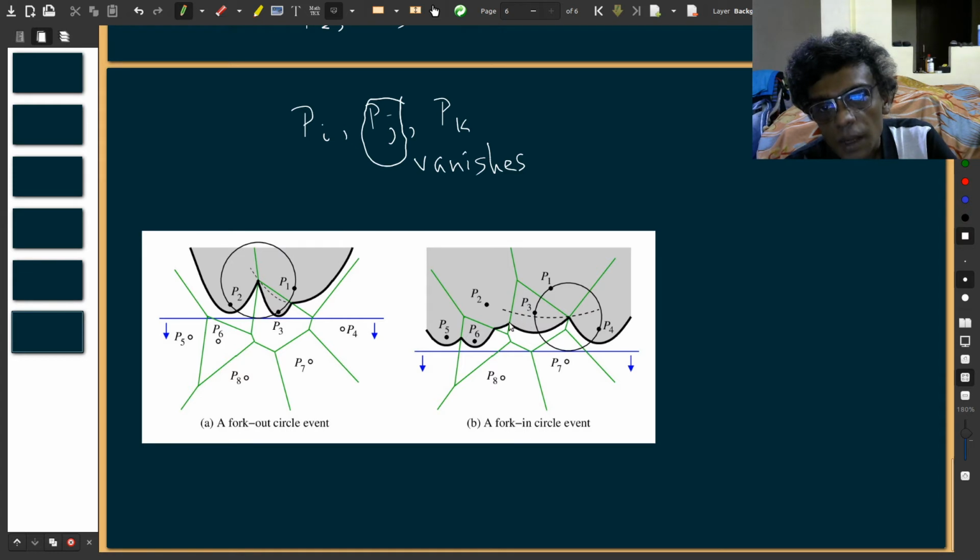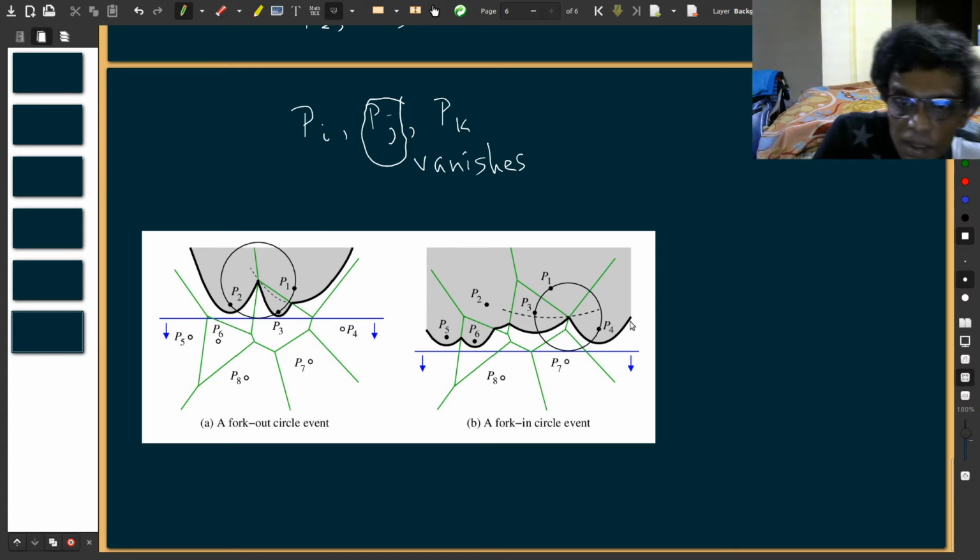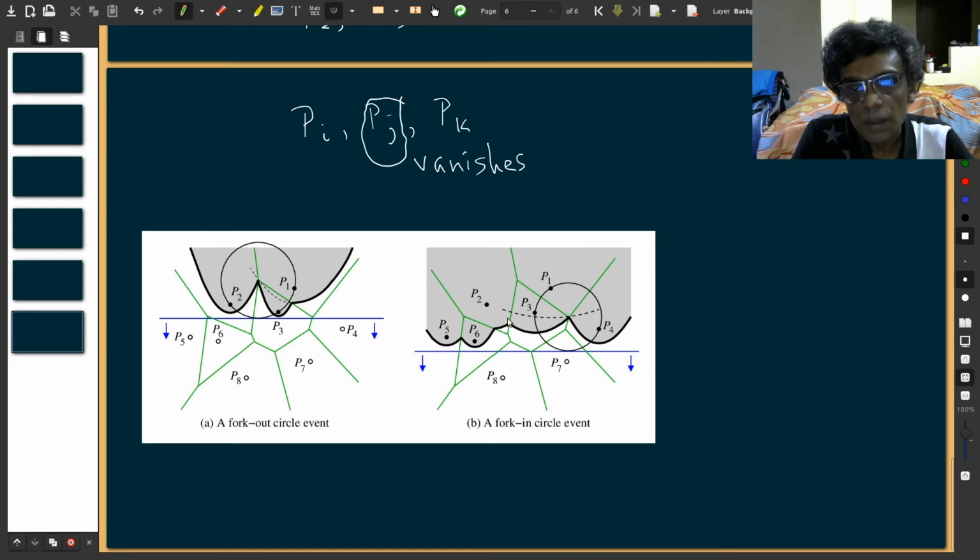So here also, if you look at what happened a little earlier than this circle event, P3, P1, P4. P3 was consecutive with P1, P1 arc was consecutive with P4, but at this point of time, the arcs for P3 and P4 have become just too big to consume this arc in between.